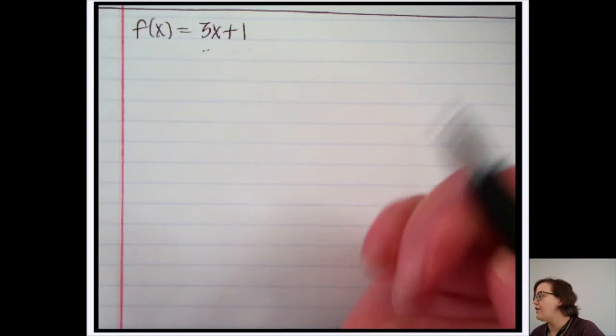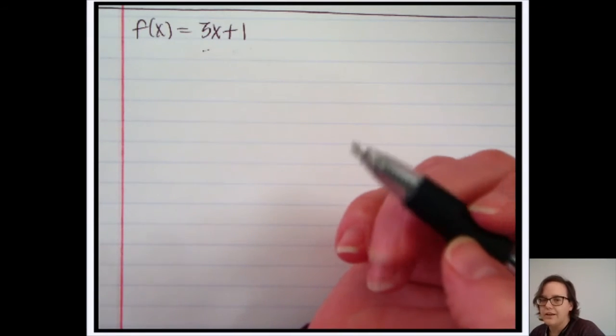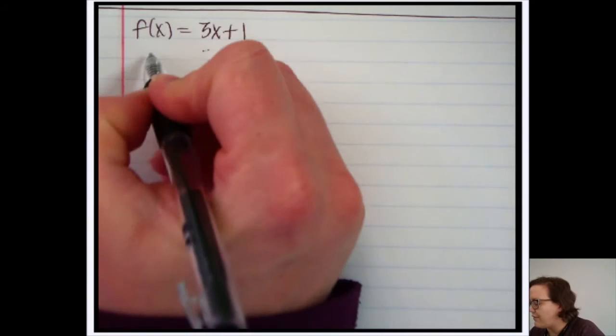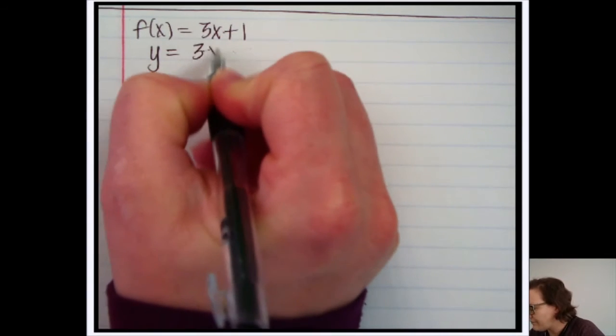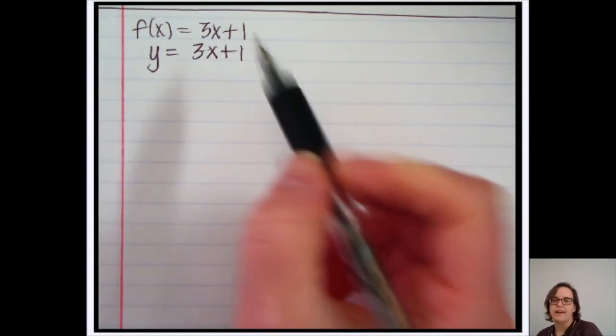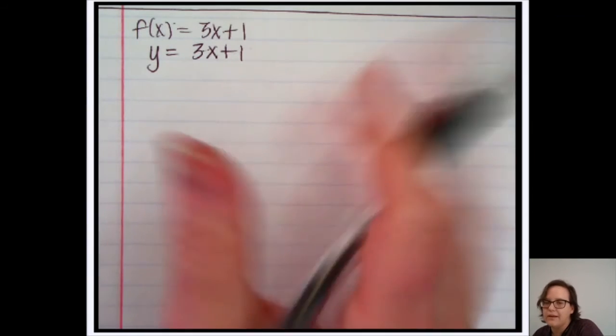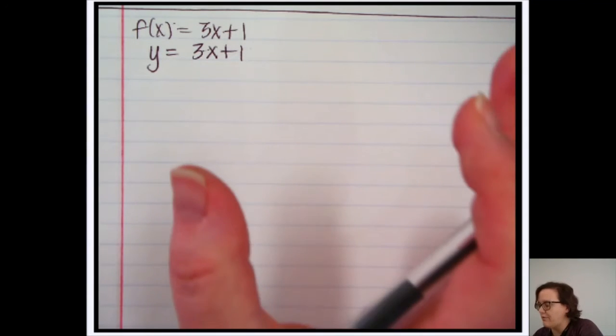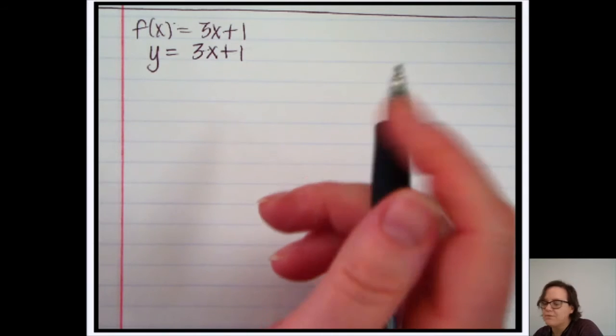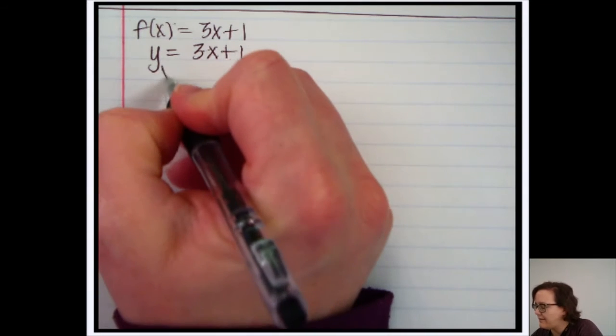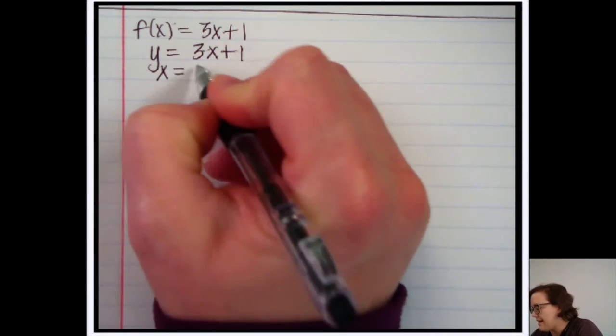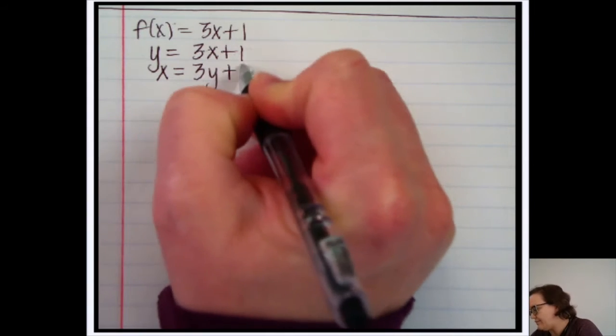So let's follow the four-step process. Step one is to just replace f of x with y. Can you just cross that out up above? Yes. But for this time, we're just going to put y there. Step two is replace the y with an x and the x with a y.